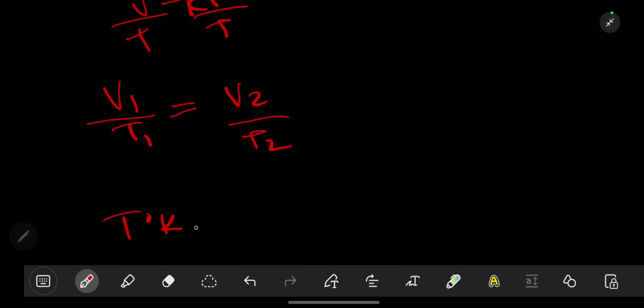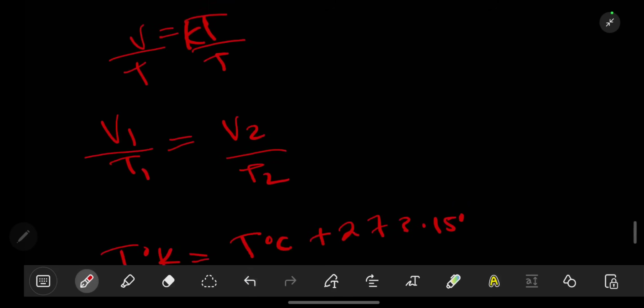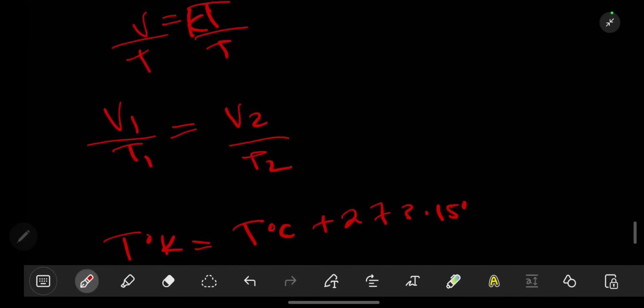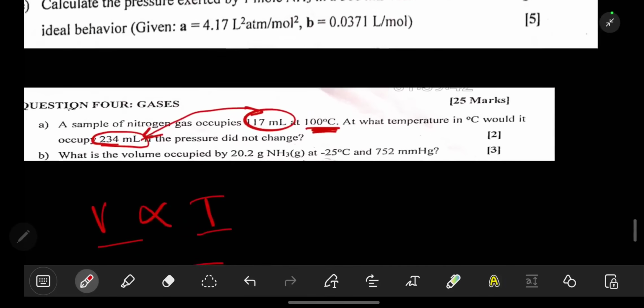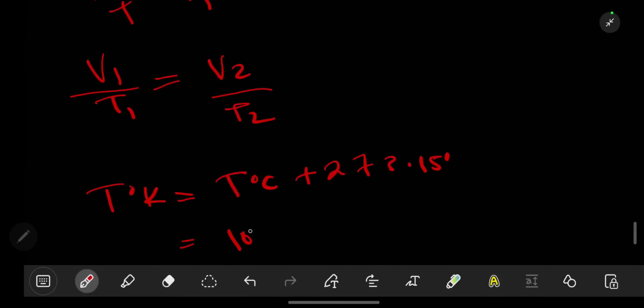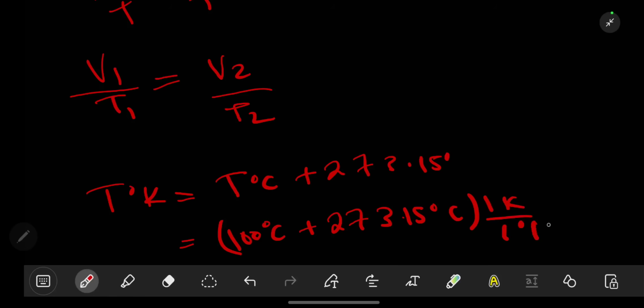So the temperature in kelvins should be equal to temperature in degrees Celsius plus 273.15, so we have 100 degrees Celsius plus 273.15, with 1 Kelvin on top over 1 degree Celsius.